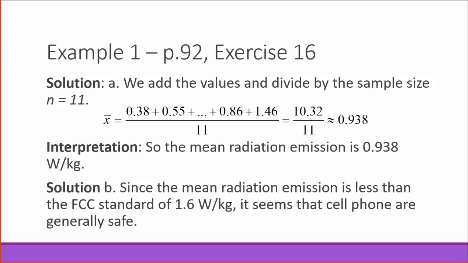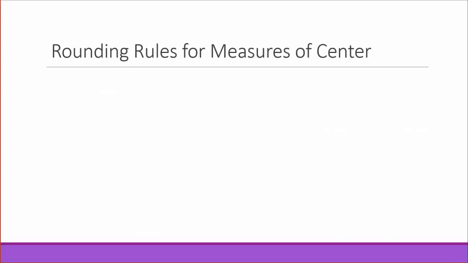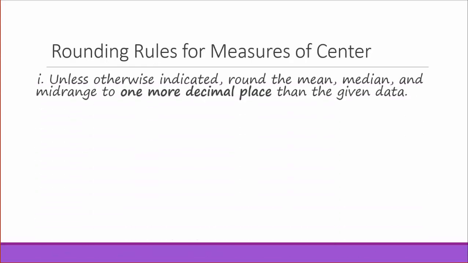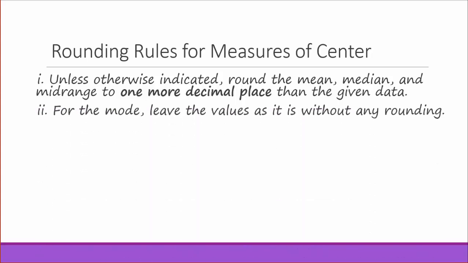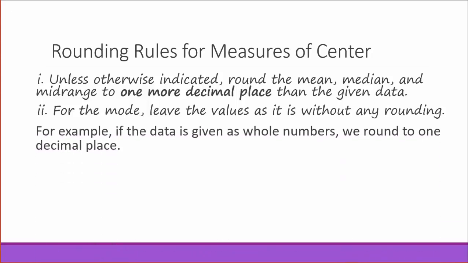So I wanted to talk for a moment just about the rounding rules for our different measures of center. So let's go ahead and write these down. Unless otherwise indicated, we want to round these measures of center, the mean, the median, and the mid-range, to one more decimal place than the given data. For example, for the mode, leave the values as they are without any rounding, and we'll talk about those measures of center in just a minute.